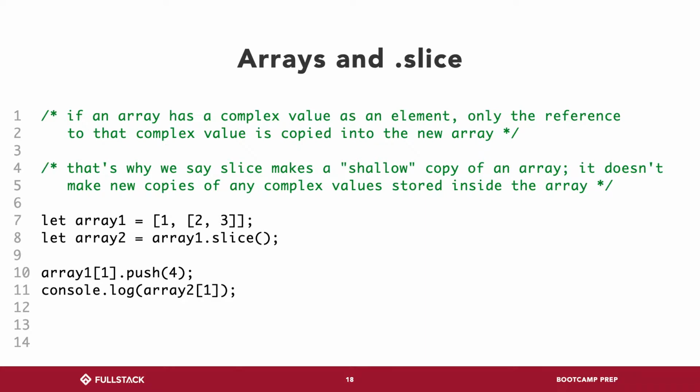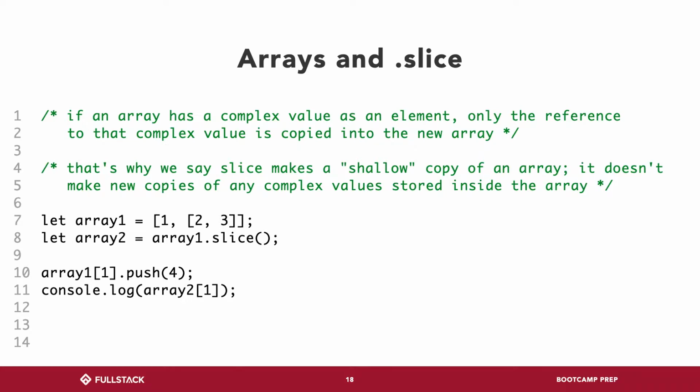So we say array 1 is that thing that we just showed, right? At index 0, it's 1. At index 1, it's 2 and 3, right? So if we say array 2 is equal to array 1 dot slice, it makes a copy of this whole thing, and it makes a copy of the reference.